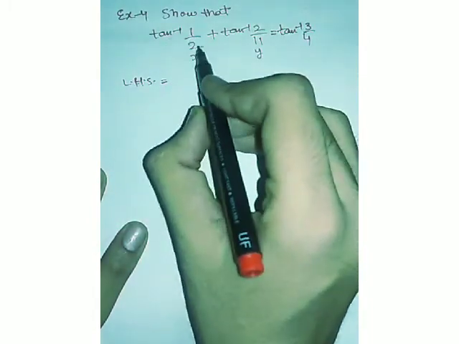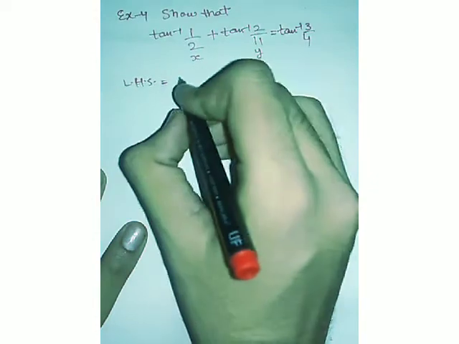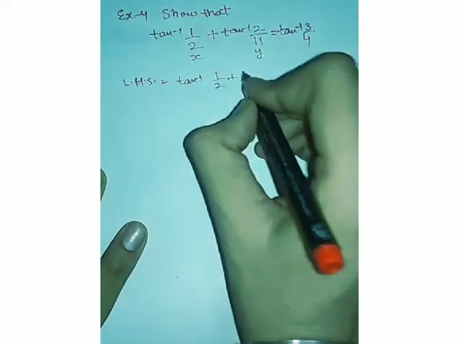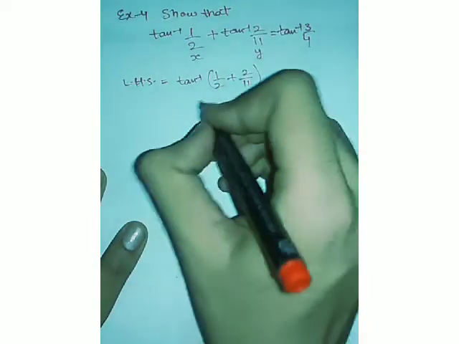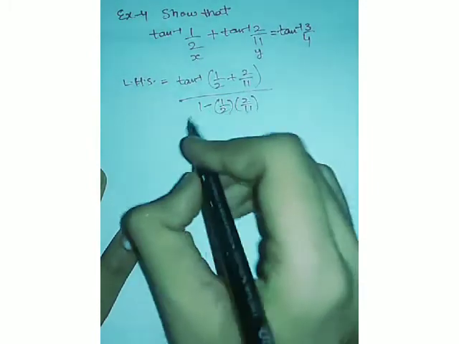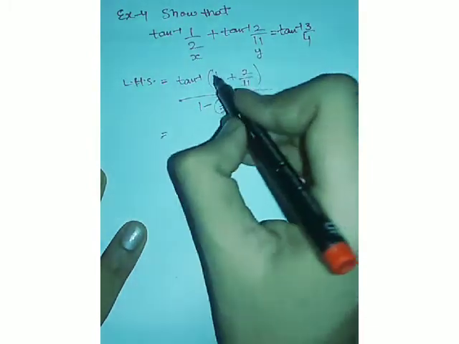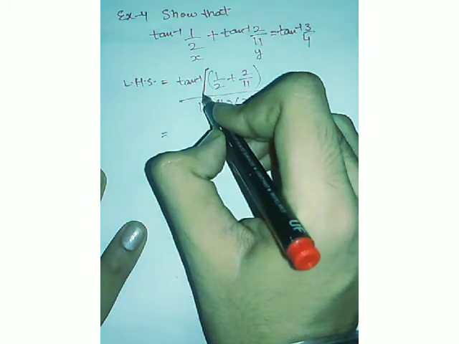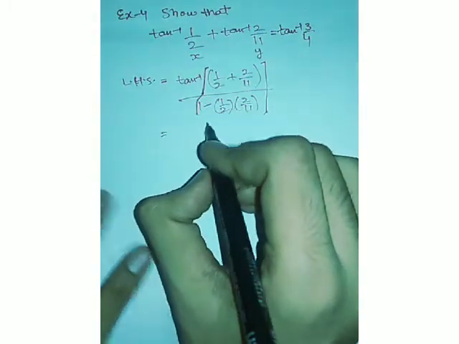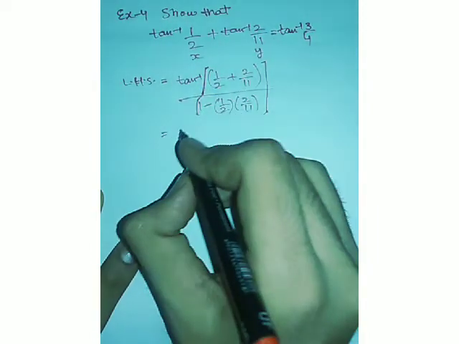So tan inverse x plus tan inverse y is equal to tan inverse of x plus y upon 1 minus xy, correct? So just solve it a bit. Actually the whole thing is inside a bracket, so don't get confused, because tan inverse is the only trigonometric function and this whole thing is the angle.